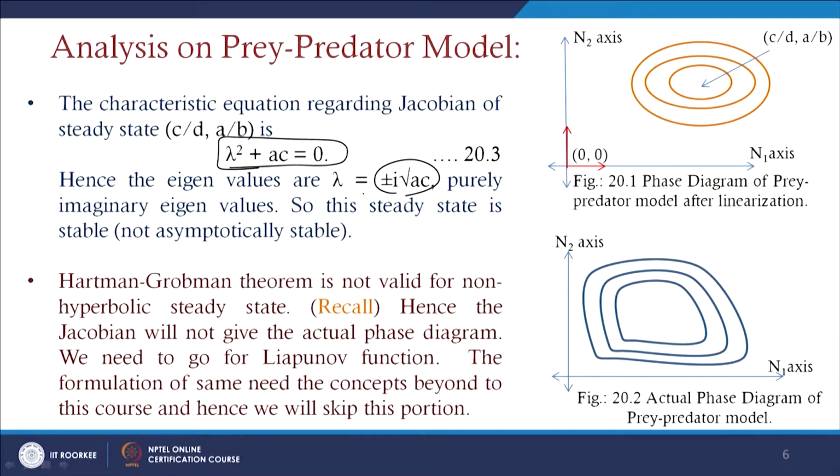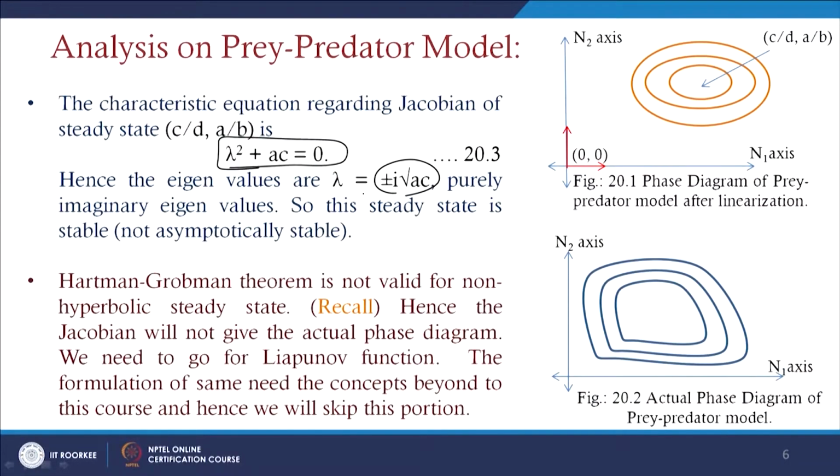The formulation of the same needs concepts beyond this course, so we will skip it in this section. For such functions we consider the 0 value at the 0 point and a value greater than 0 outside that point, and then look at the derivative values to see where it is stable or unstable, which we are not discussing here.